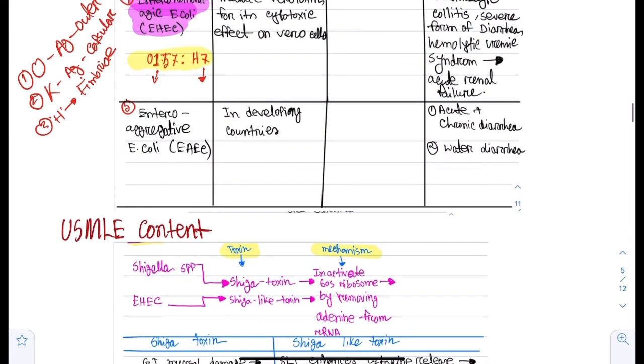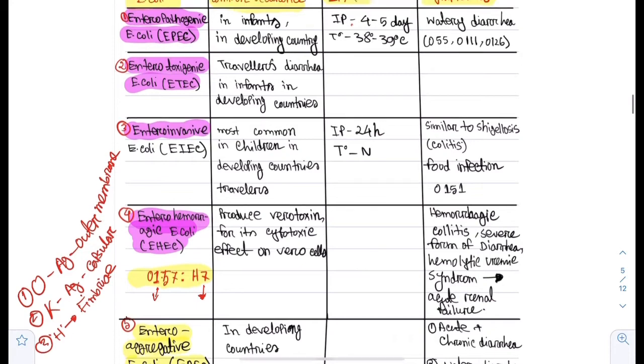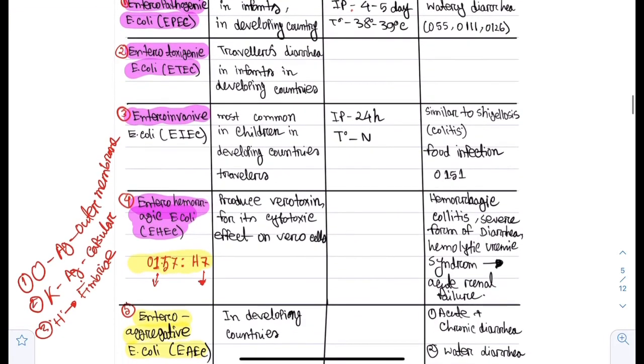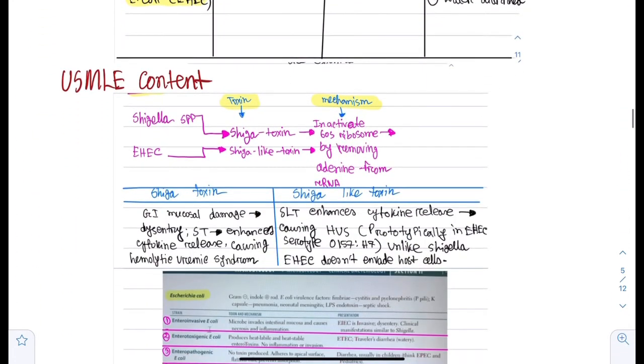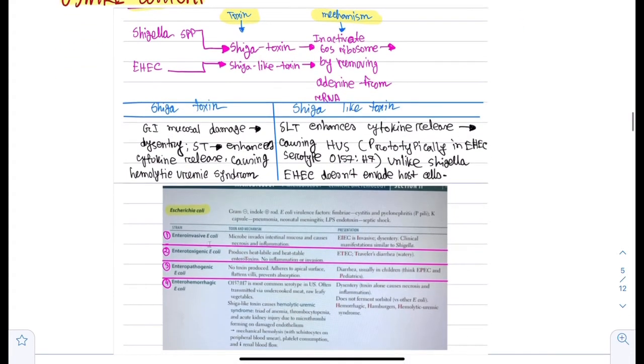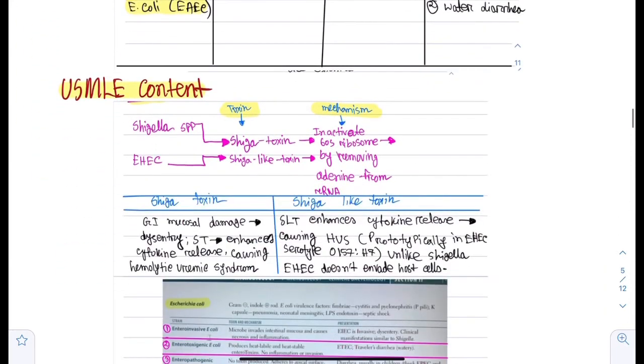Then we have the aggregative E. coli. So just read out the table. I made the table so you guys can make notes from it and memorize more effectively. And there is another USMLE content, which is the difference between Shigella and Shiga toxin. As I said, EHEC, enterohemorrhagic E. coli, also secretes toxins similar to Shiga toxins.